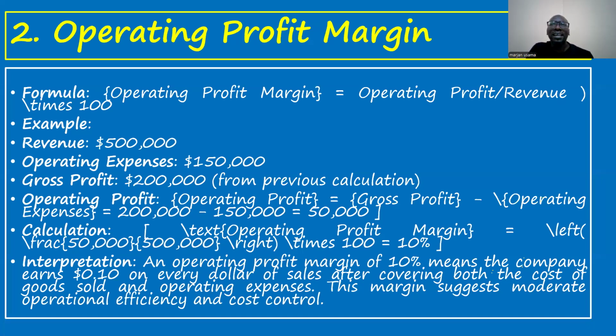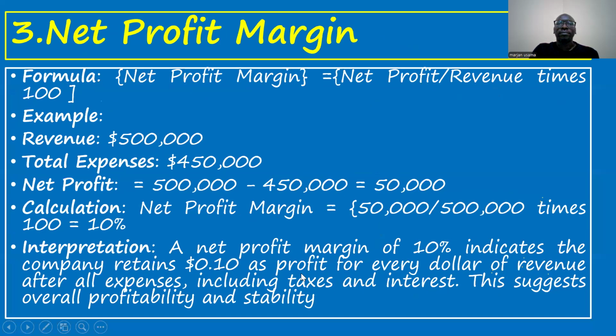The formulas are very direct and you will get the figures. So an operating profit margin of 10% means the company earns 0.10 on every dollar of sales, after covering both the cost of goods sold and operating expenses.